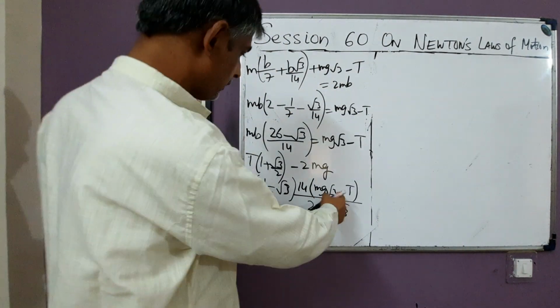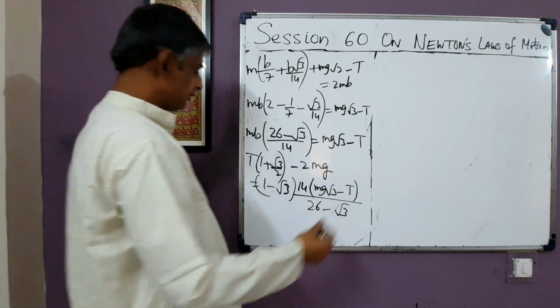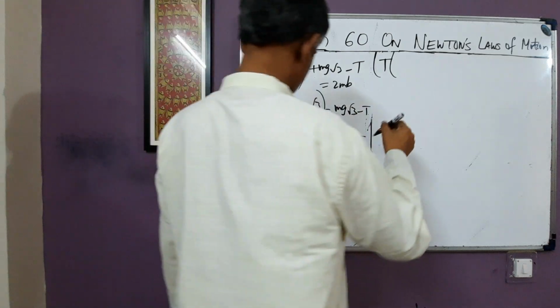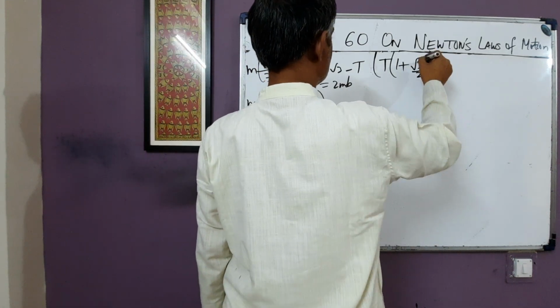So now I solve this for T, okay? So this T I bring this side and 2mg I shift that side. So this becomes T times common 1 plus root 3 by 2.